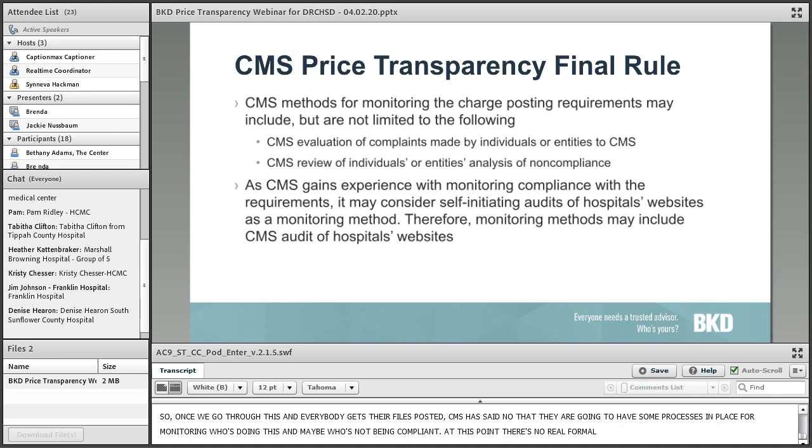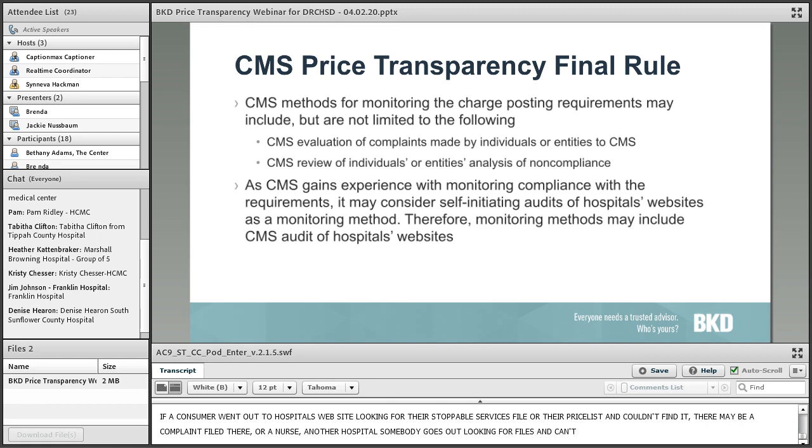Once we go through this and everybody gets their files posted, CMS has said they are going to have some processes in place for monitoring who's doing this and maybe who's not being compliant. At this point, there's no real formal process that CMS has laid out for monitoring, but they have said that the way they're probably going to start is if they receive a complaint.